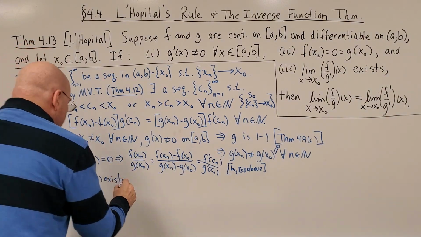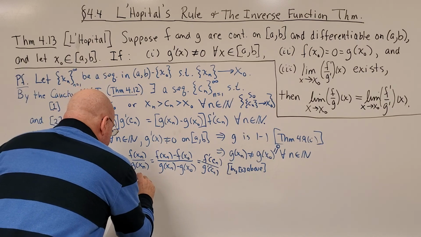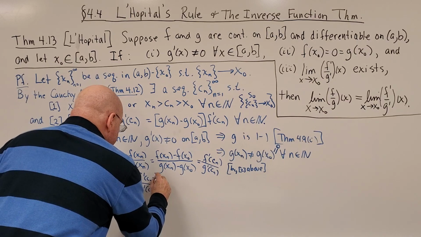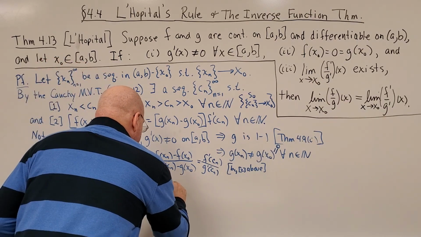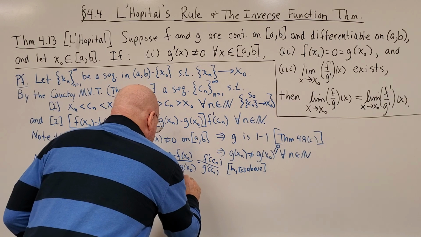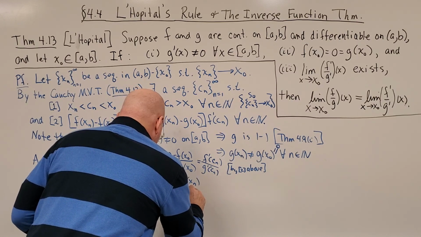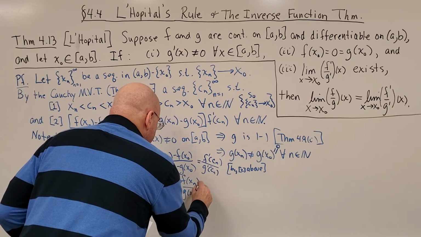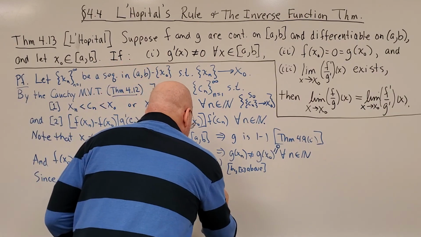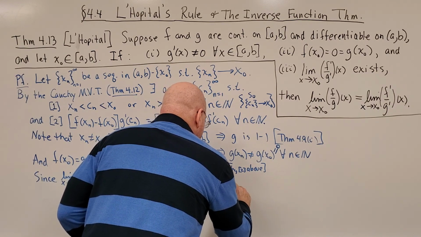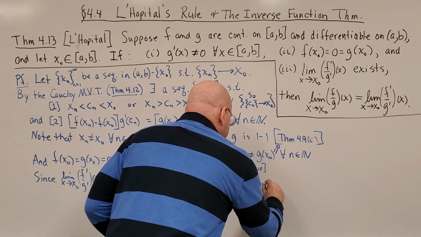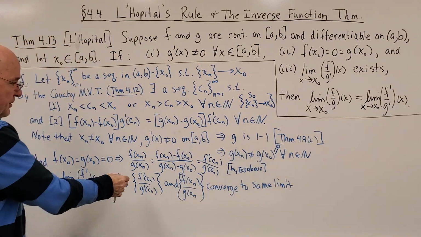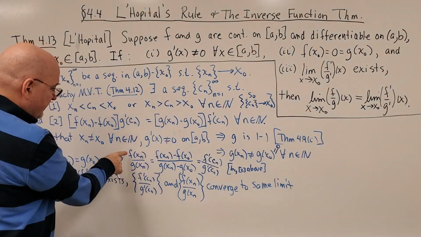That means that both the sequence f prime of Cn over g prime of Cn and f of xn over g of xn as a sequence converge to the same limit. After all, term by term, these are exactly equal to each other.